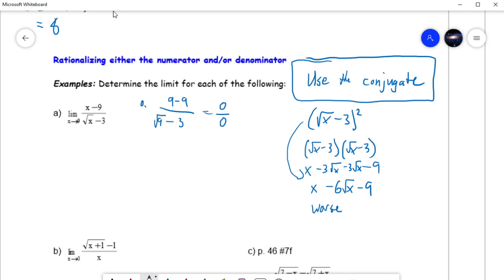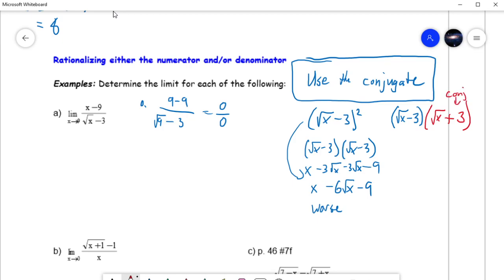That's not what we want to do. Instead, what we're going to do is use the conjugate. Now the conjugate is kind of like doing a difference of squares in reverse. What does the conjugate say? It says take the same thing but change the sign in the middle. This here is the conjugate.